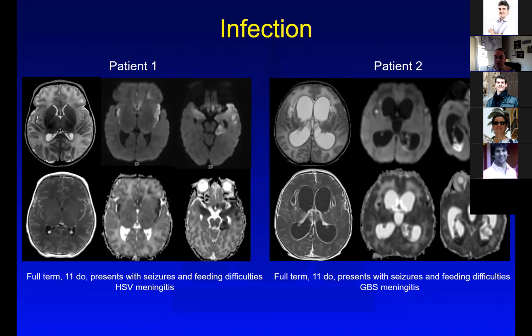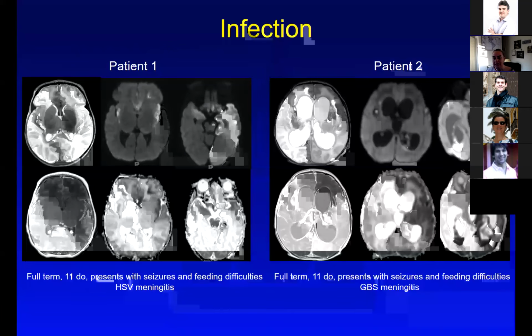But in addition to that, you can appreciate the multifocal small areas of cystic changes with internal areas of restricted diffusion. These are presumably microabscesses, and you can see the pus in the dependent portion of the occipital horns presenting with, again, restricted diffusion.